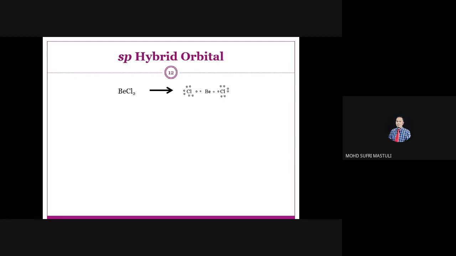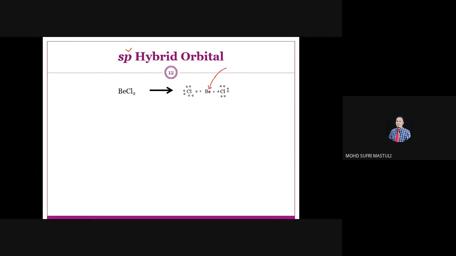The first hybrid orbital is the sp. We know sp hybrid orbital is mixing s with p. Let's say this is the example molecule, and then you can draw the Lewis structure nicely. After you draw it correctly, you can decide how many lone pairs are around the central atom. This is the central atom.